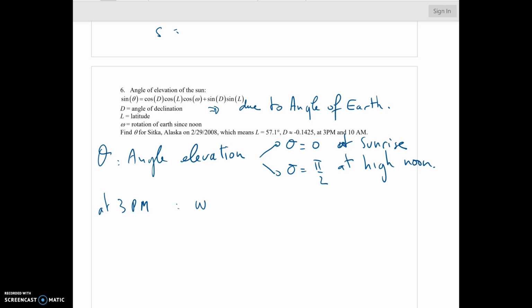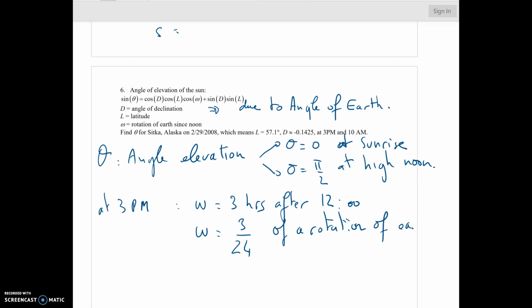At 3 p.m., the rotation of Earth since noon is equal to 3 hours after 12, so afternoon. Therefore, omega equals 3 over 24 of a rotation of Earth. I'd like to remind you that the Earth rotates in 24 hours.